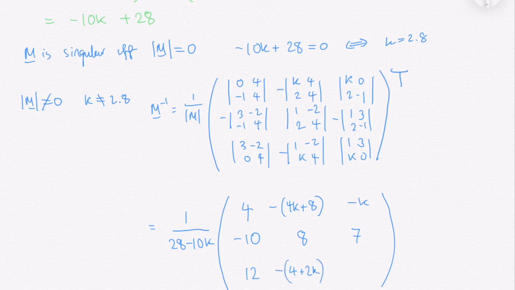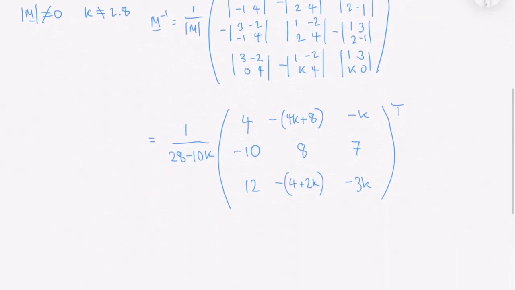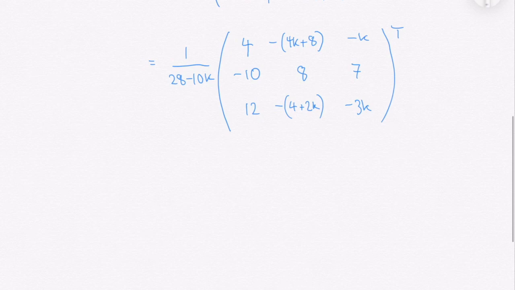And then finally we have 1 times 0, subtract 3 times k, so this is negative 3k. And then we have a reminder to transpose. So all we need to do to complete this question is to transpose this matrix, and then we have the inverse of M in terms of k, provided k is not 2.8.